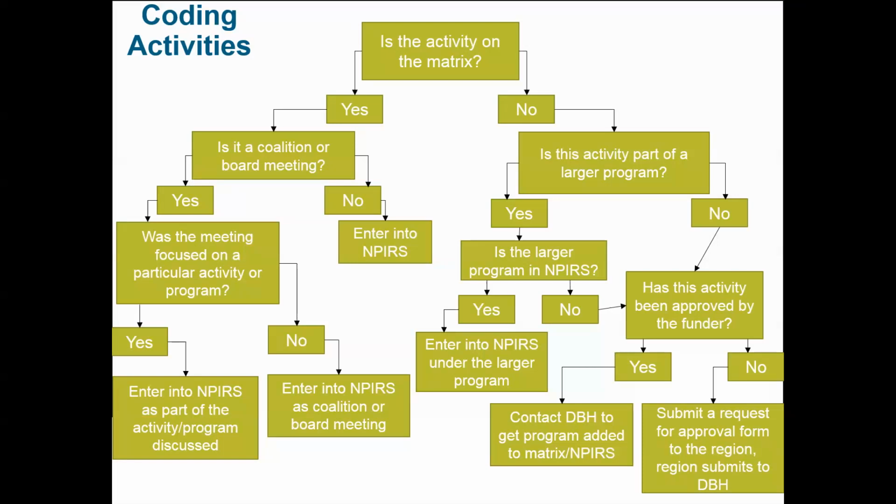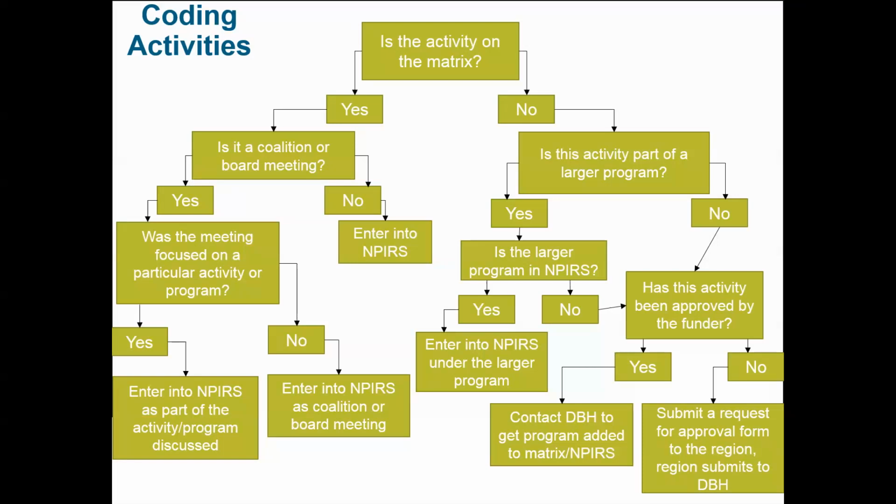So if your activity is on the matrix, then you'll want to ask yourself, is that activity a coalition or a board meeting? If it's not, enter it into NPIRS. You have all the information that you need. It's on the matrix. It's loaded into the system. If for some reason something's on the matrix but is not in the system, contact me. I try very hard to avoid that happening, but it has happened in the past. So you can just send me an email or give me a call, and we can make sure that it gets added.